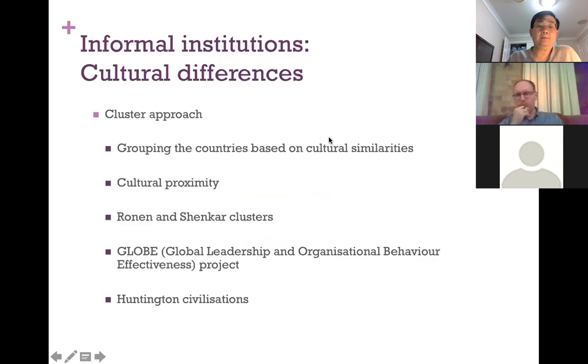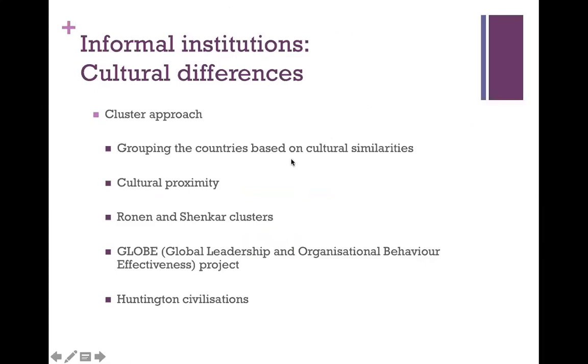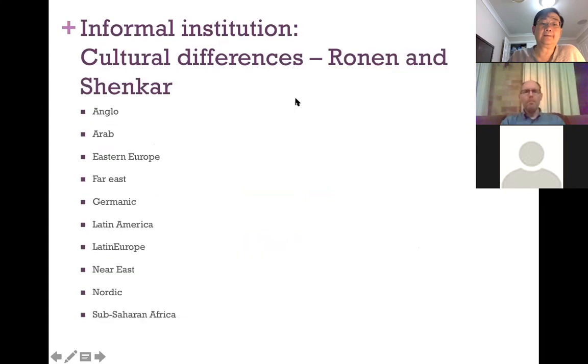So we can refer to, for instance, the Ronen and Shenkar clusters. Or we can look at GLOBE, the Global Leadership and Organizational Behavior Effectiveness project. They also group people based on cultural groups. Or the Huntington civilizations approach. You may have heard the scholar's name, Samuel Huntington.